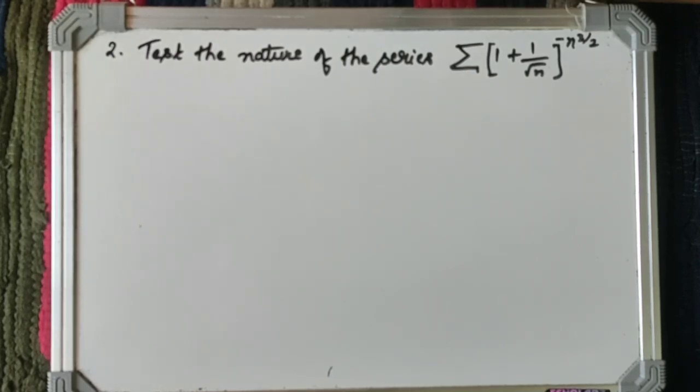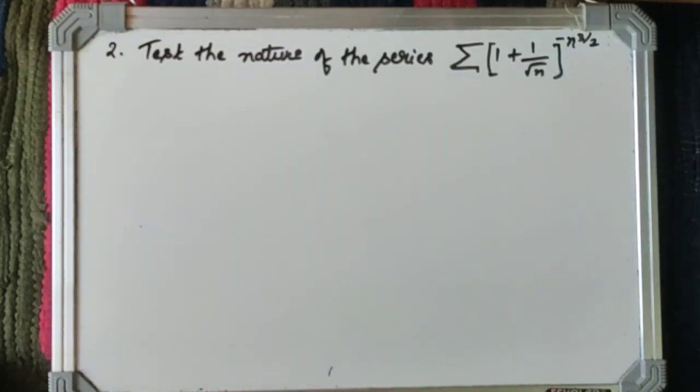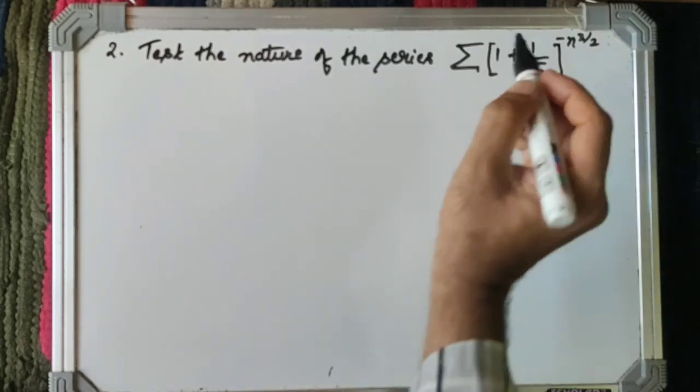Test the nature of the series summation (1 plus 1 by root n) whole power n minus n power 3 by 2. Since we have whole power n in the nth term of the series, we use Cauchy's root test. So let us consider un here.